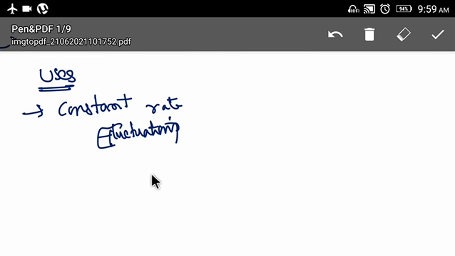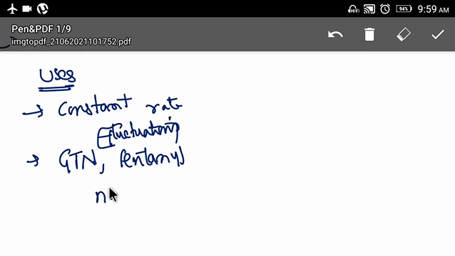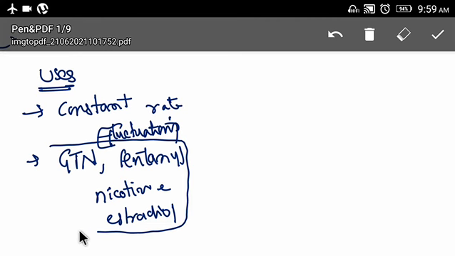The drugs we are using right now are glyceryl trinitrate, fentanyl, nicotine, estradiol. These drugs are used in the form of transdermal patch in India. Clear? And this is the transdermal patch.